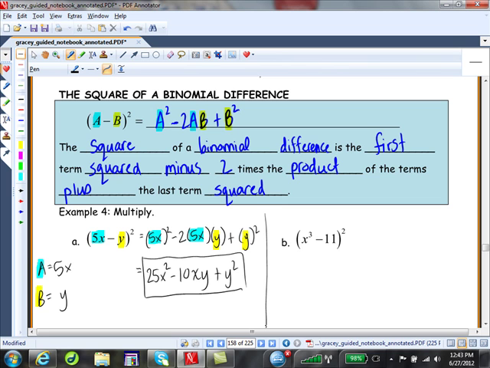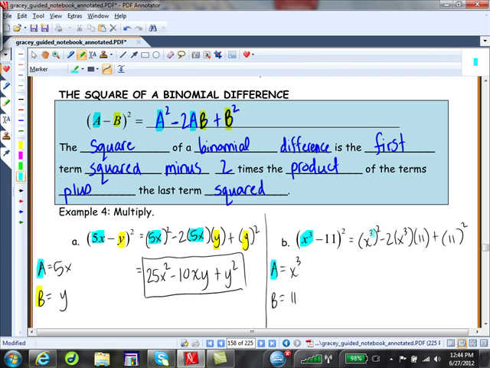All right, what is our A? Good, x cubed, and B is 11. Awesome. So this will be x cubed squared minus 2 times x cubed times 11 plus 11 squared.